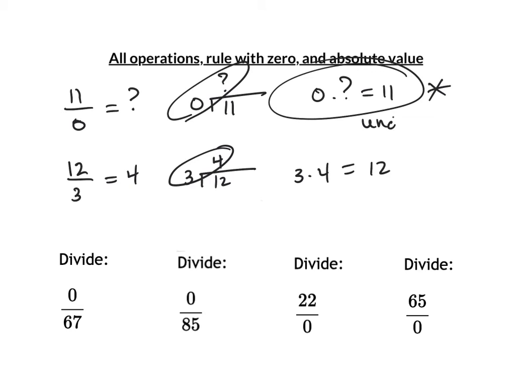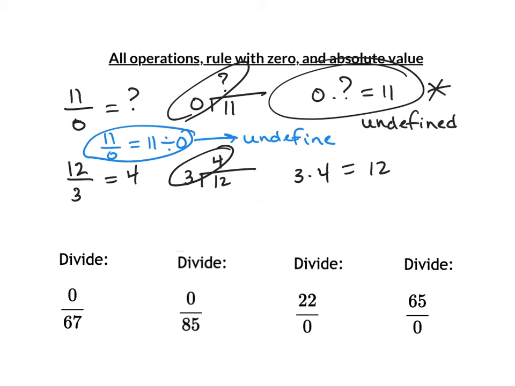So what we say is when 0 is in the bottom of a fraction, it is undefined. So be aware that 11 divided by 0 gives you the answer of undefined.